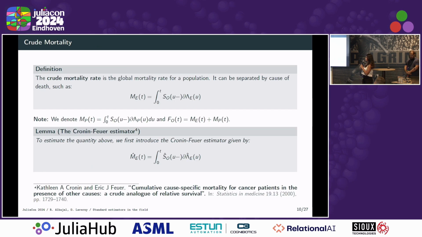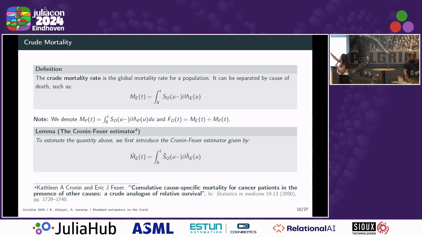Given the survival rates, it's also important to be able to separate them by cause. Here we did the crude mortality, which allows us to calculate the mortality rates separated by cause. So we have the mortality rate due to the certain disease studied and the mortality rate for the population, and the observed rate is going to be the addition of the two.